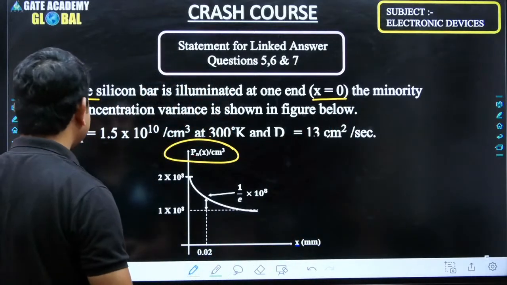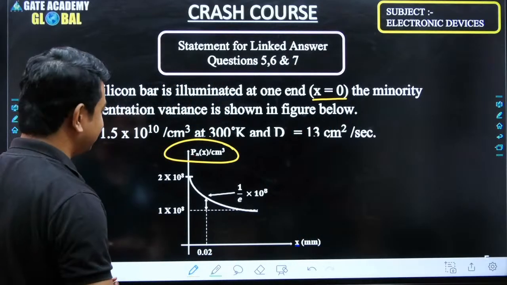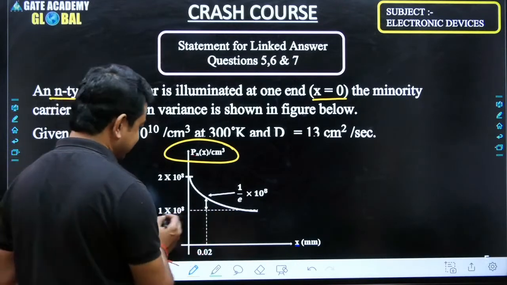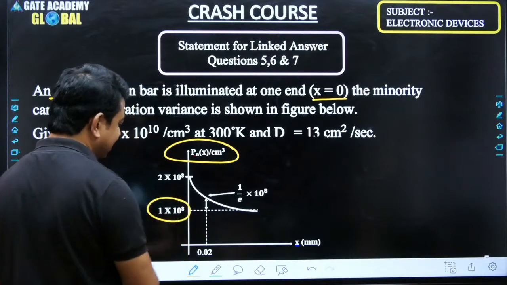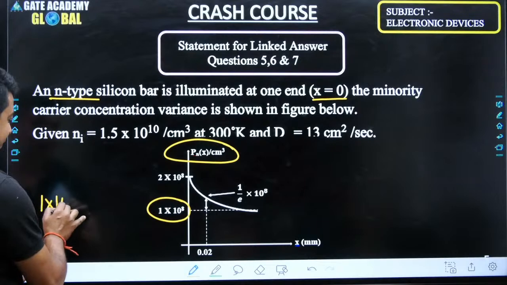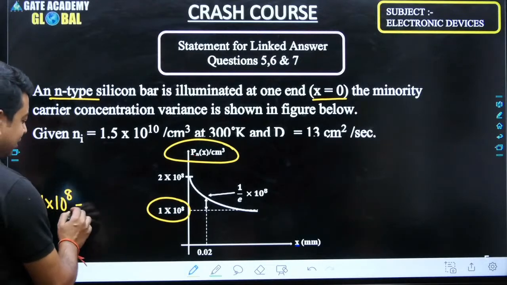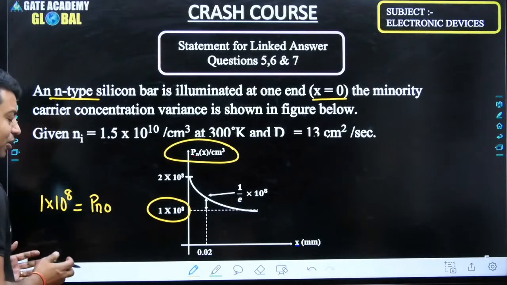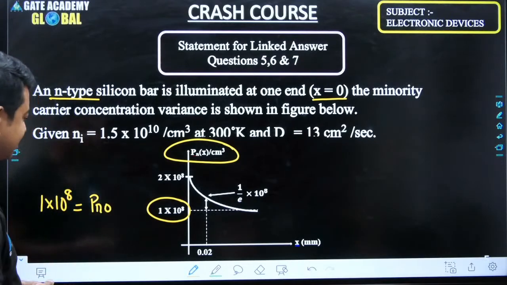The minority carrier concentration variation is shown in the figure. Here we can see one line representing this value, which I can write as 1 into 10 to the power of 8, and that is nothing but the thermally generated minority carrier concentration, not the optically generated minority carrier concentration.